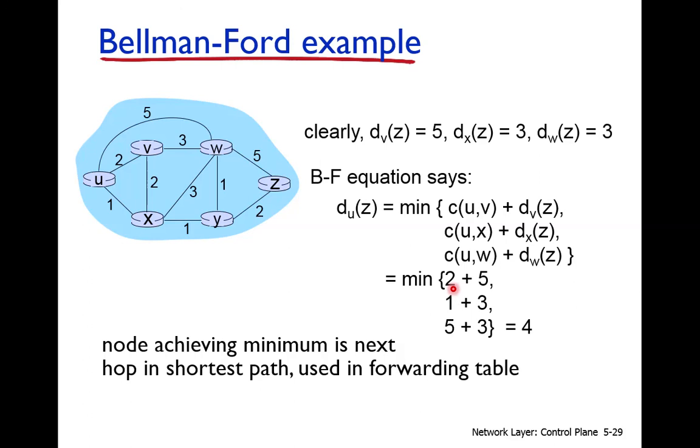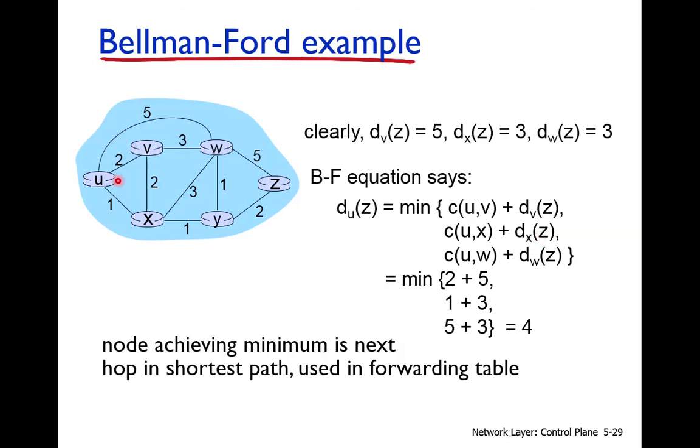The costs are 2 plus 5, 7; 1 plus 3, 4; 5 plus 3, 8. So 1 plus 3 is the minimum, and 1 plus 3 is the cost of u to x and x to z. So it will consider that the shortest path from u to z is through u to x and x to z.